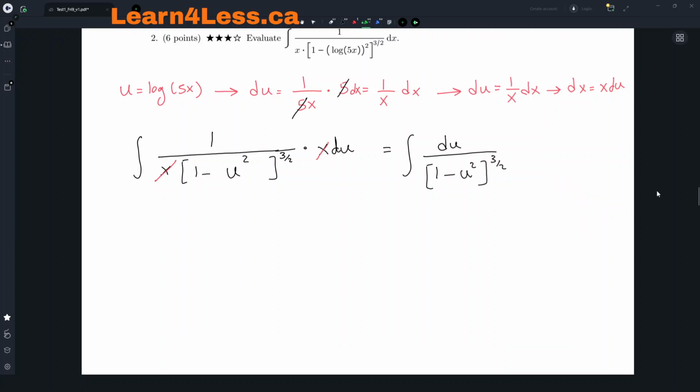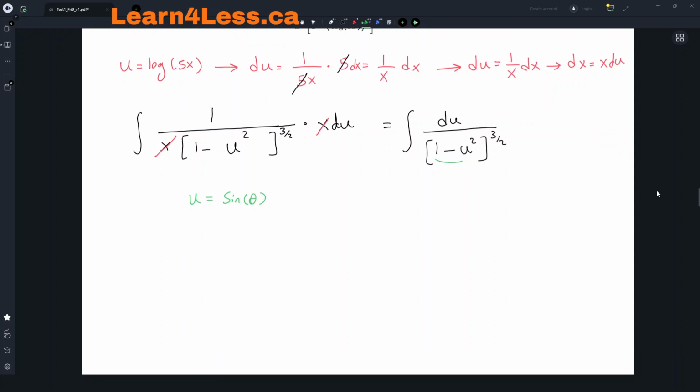For this one, u equal to sine of theta is the best substitution, and you will see why: after this substitution, this subtraction converts to a multiplication. So this negative sign will become a multiplication between two other terms, and the main point is we can easily raise it to the power of 3 over 2.